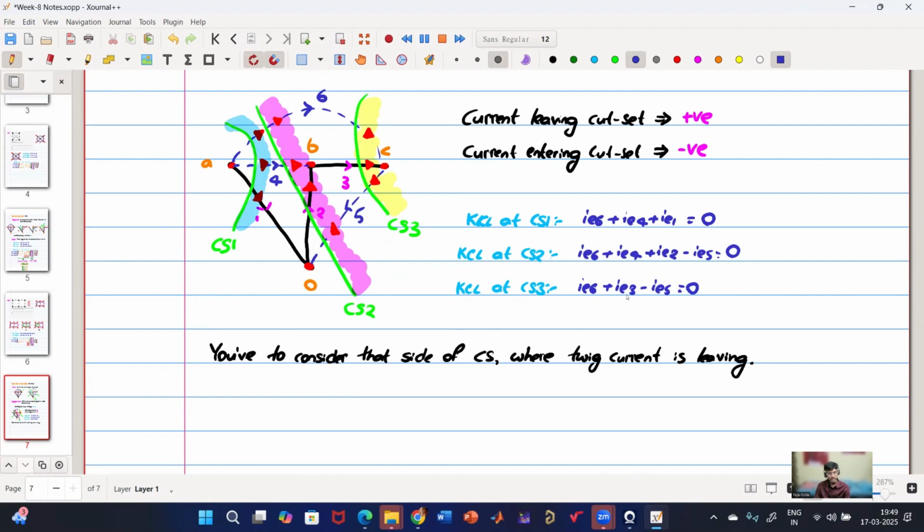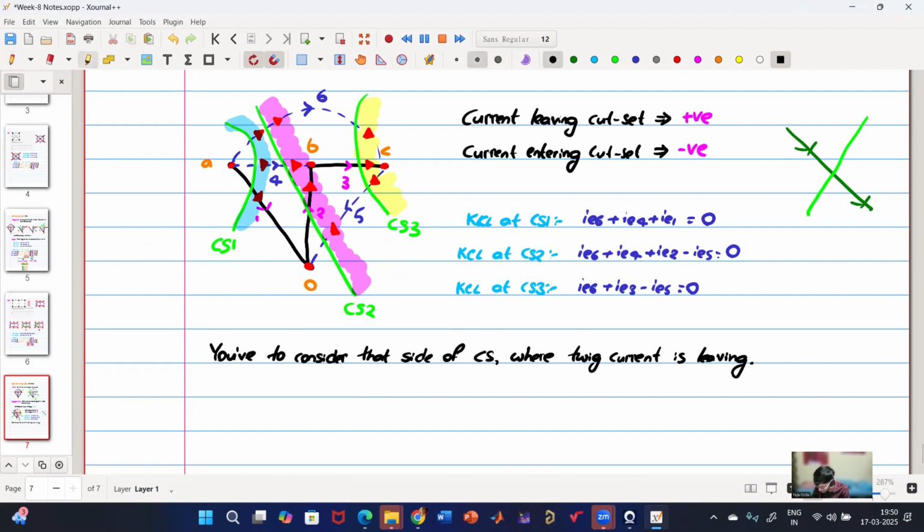Cut set 3 region, the IE5 current is leaving, right, sir? IE5 is entering, no? So the yellow region, that side it is entering, right? Now, say this is the element, this is the direction of current, and this is a cut set.